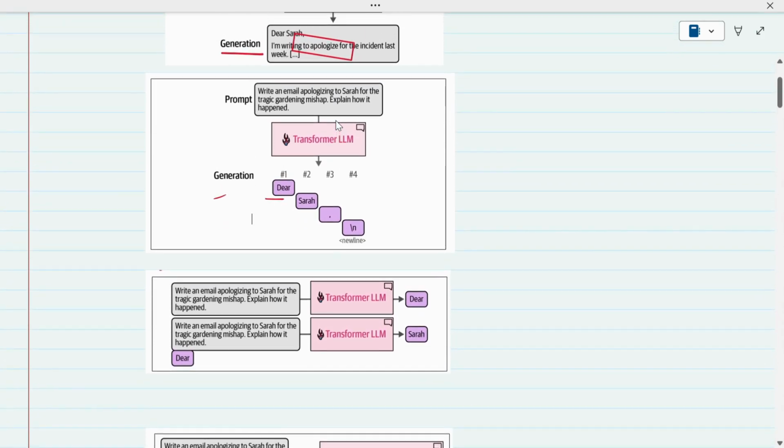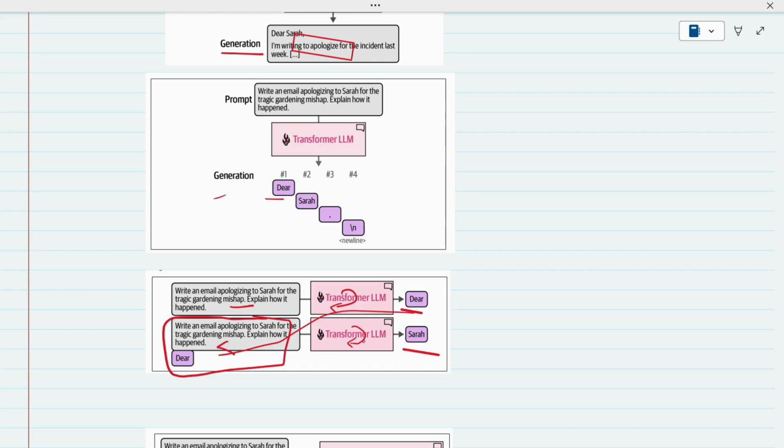What happens inside the transformer is that it takes the input prompt, processes that prompt, and generates one word. Then that word goes in again with the input prompt, and the transformer processes the whole thing again and generates a new word.